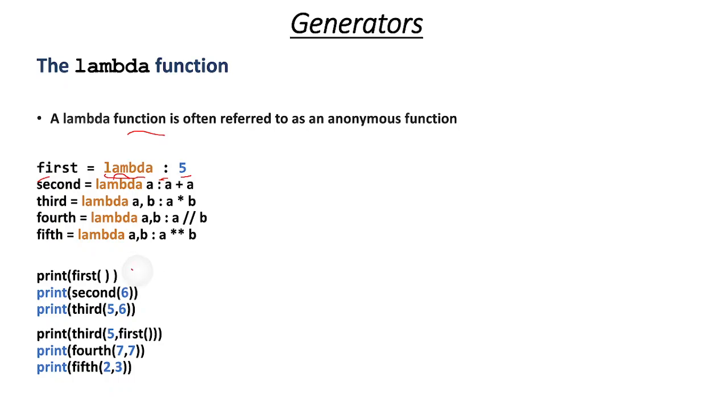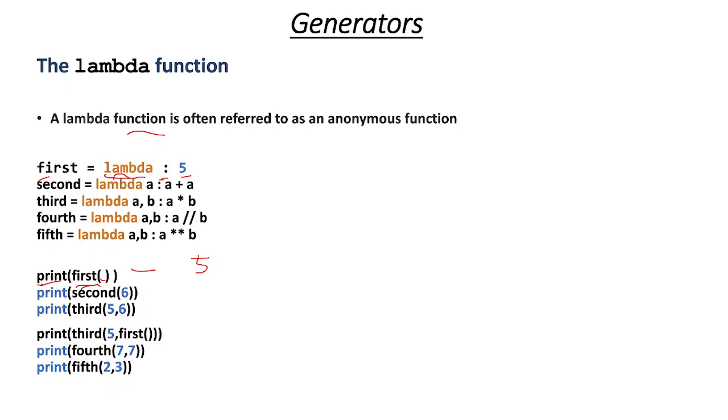Down below, we'll use the print function, and inside it we have placed our first variable, and we are able to invoke it. As you can see, we have placed parentheses next to our first variable, and it looks very identical to how we invoke a regular function. Running the following code will result in an integer 5 being displayed in our console.